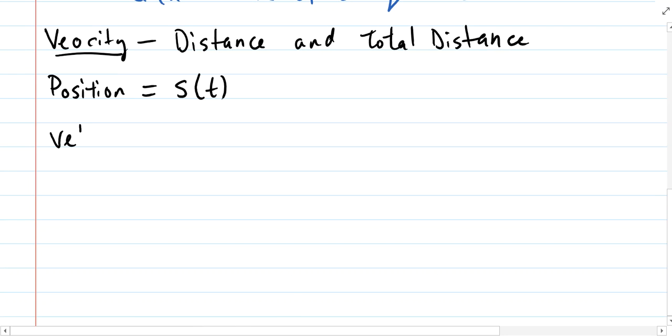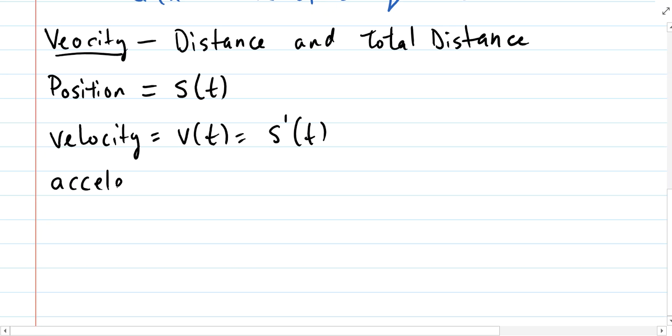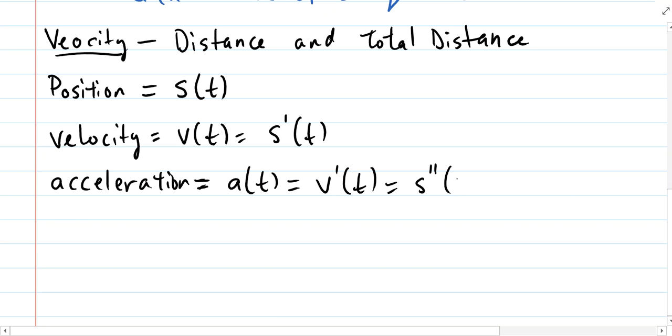Then we do velocity, which is v of t, and that equals the first derivative of position. And then there's acceleration. That's a of t, which is equal to the first derivative of velocity, which is the second derivative of position.